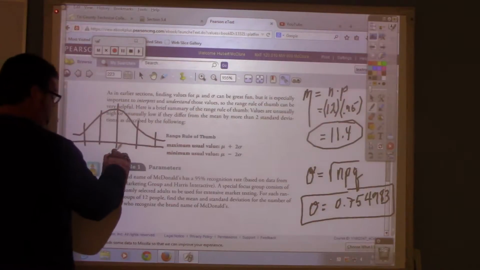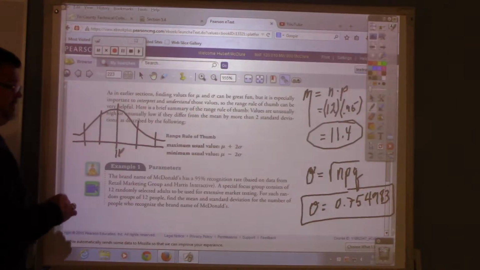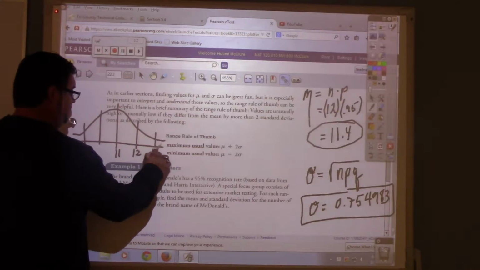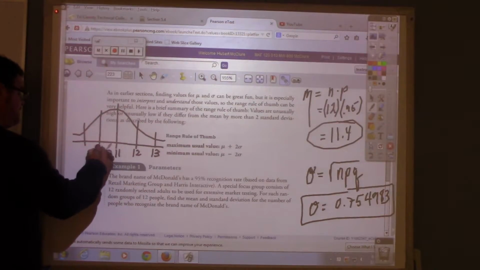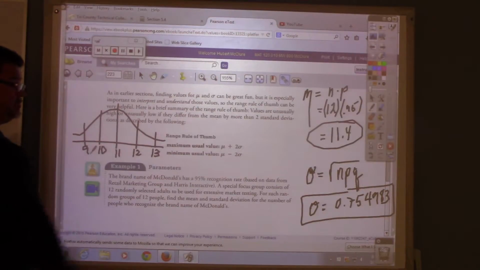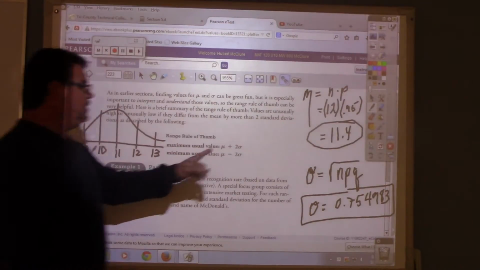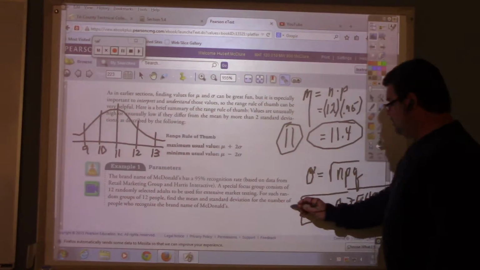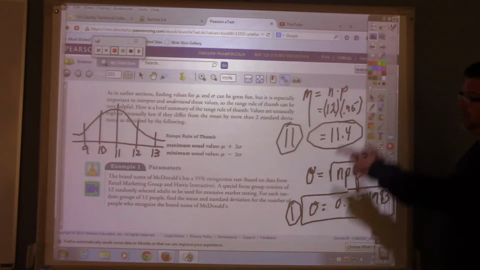I'm not going to use the decimals. So 11 plus 1 is 12, 13, 10, and 9. Now y'all gonna have decimals. I'm using 11, and I'm rounding this up to 1. So that's where I get mine.